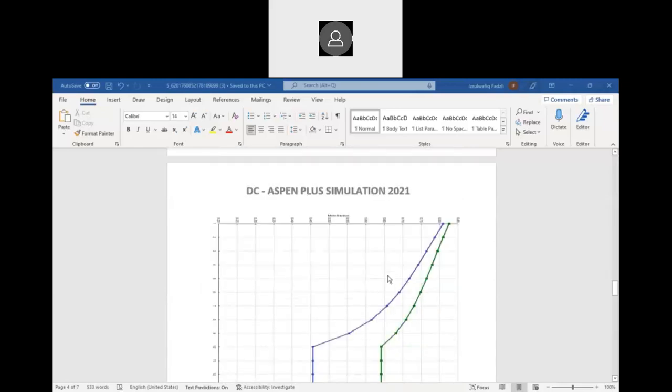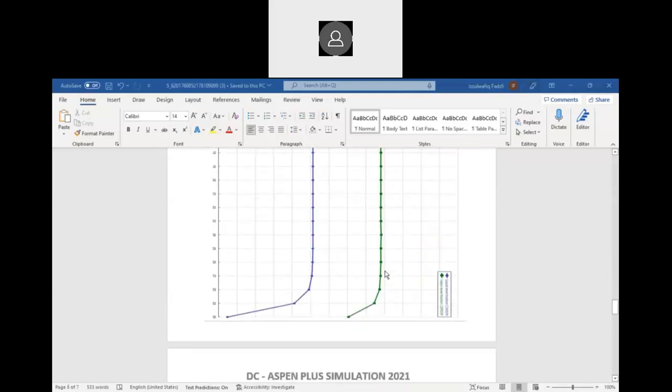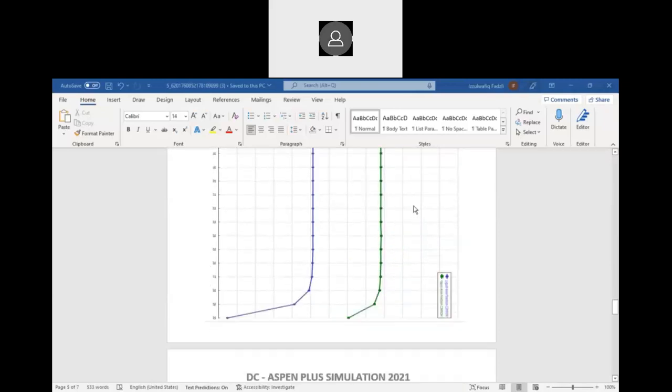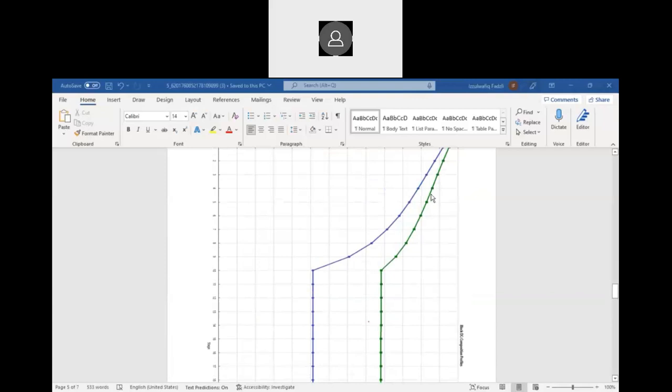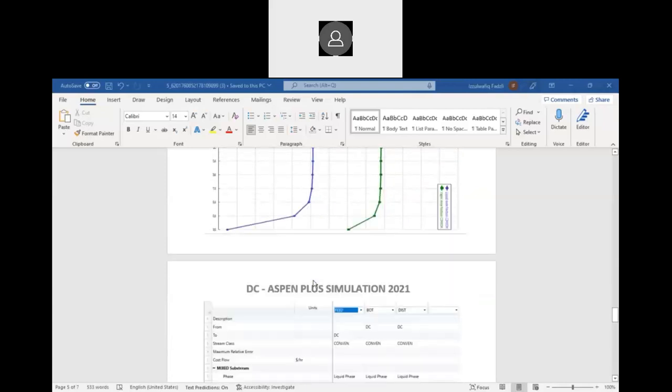And this is the mole fraction for the first run, where we can see the mole fraction for the vapor is higher than the liquid.